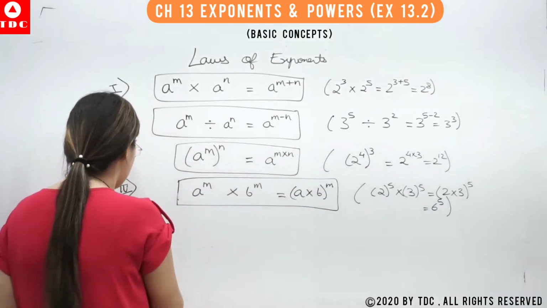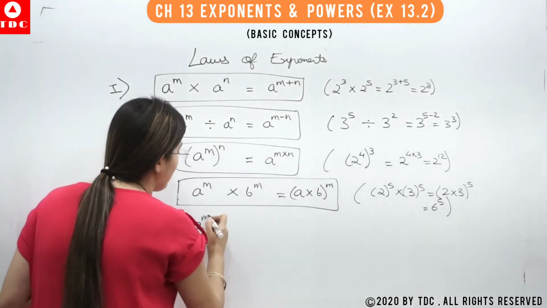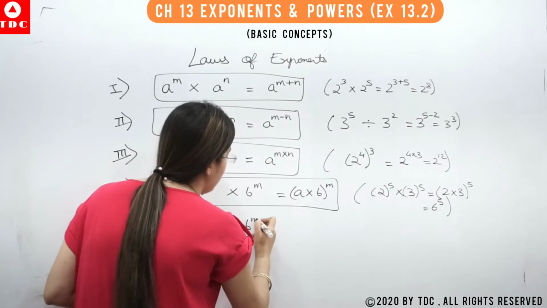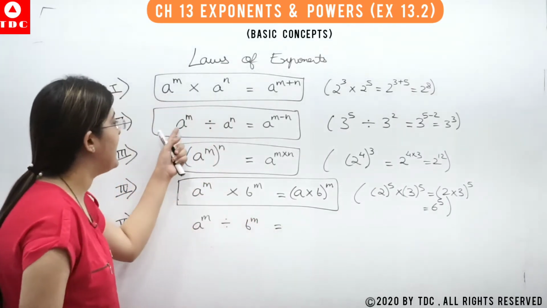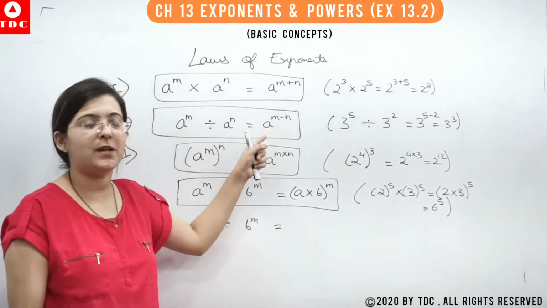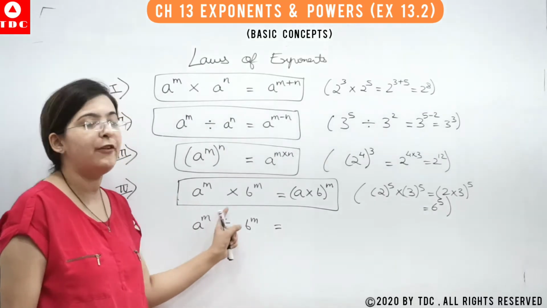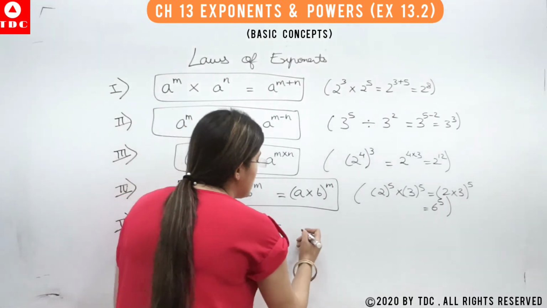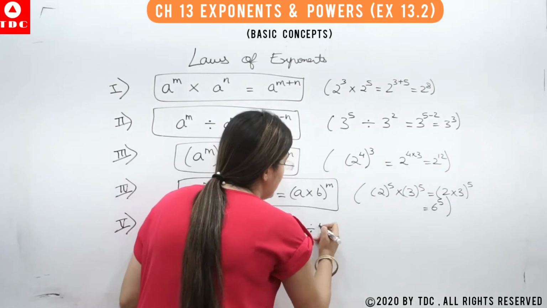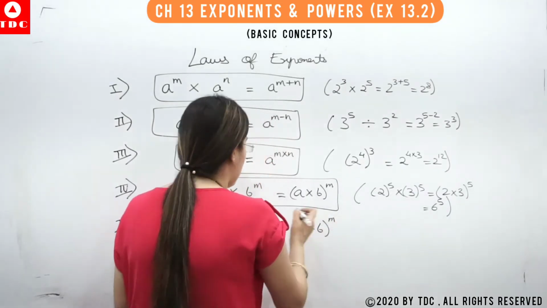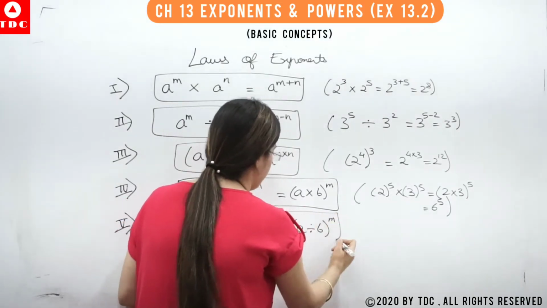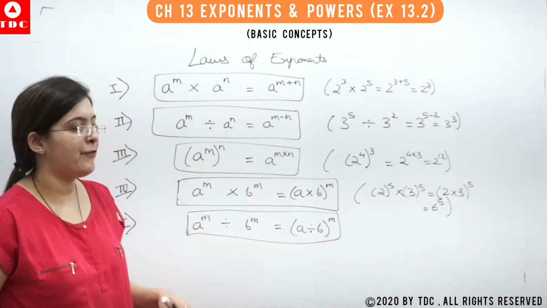Now your fifth law is a to the power m divided by b to the power m. In the second law, base was same, powers were different. Here the base is different and power is same. So here we will first divide a divided by b and put the power once. Okay, this is your fifth law.